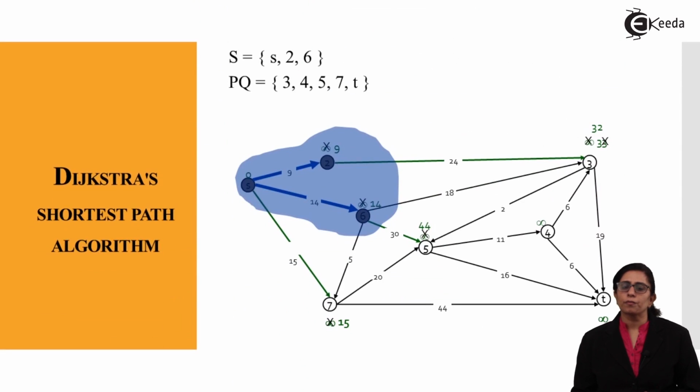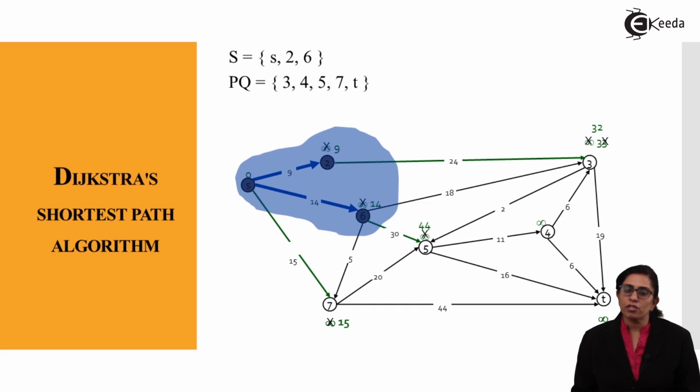So what do I do? When I visit from the new node 6 to 5, the infinity value is 14 plus 30. So the infinity value is replaced with 44. And from the new node 6, that is 14 plus 18, which gives me a value of 32 if I traverse from node 6 to node 3.